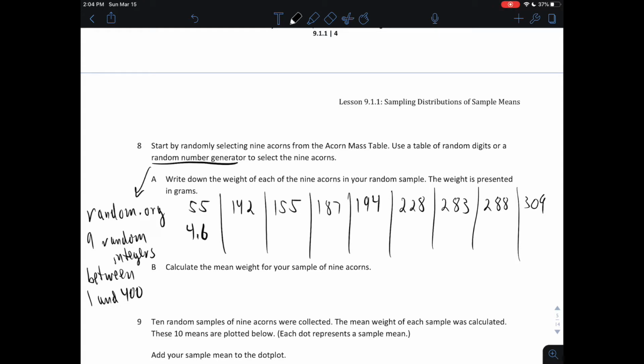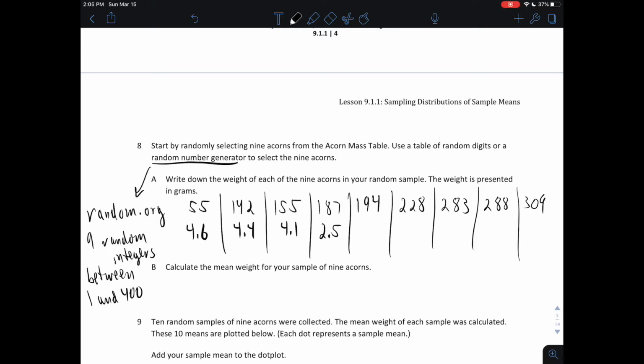So I'm going to keep doing that for the rest of them, and I don't want to scroll up and down over and over, so I'm just getting a table from somewhere else. Here's the rest of those acorn masses. So for acorn number 142, 4.4 grams. For acorn number 155, 4.1 grams. For acorn 187, 2.5 grams.